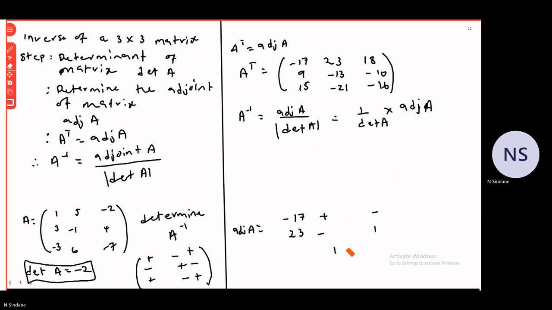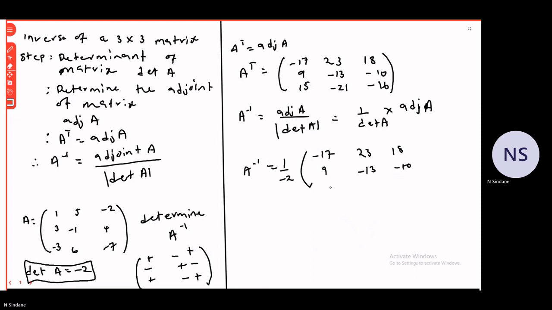Then our solution will look like this. A inverse is 1 over negative 2 into negative 17, 23, 18, 9, negative 13, negative 10, 15, negative 21, negative 16.